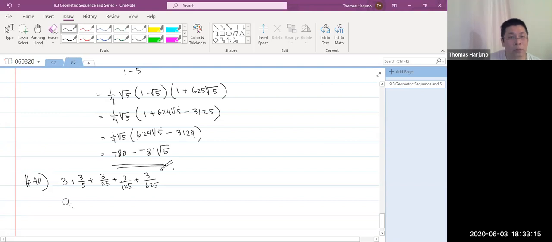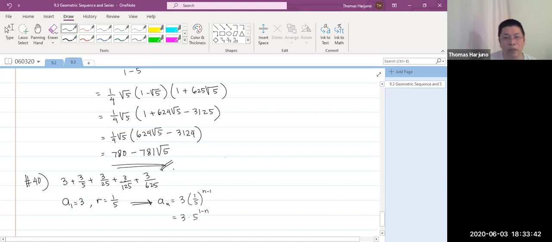So the first term is 3. The common ratio is 1/5. I hope you agree with that. So the general term will be 3 times 1/5 to the n minus 1. Or we can also say this is 3 times 5 to the 1 minus n. We can also do that.